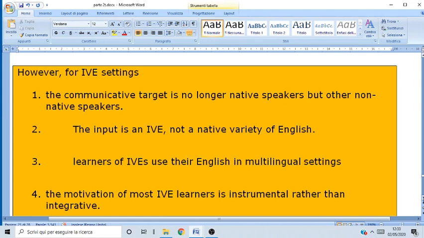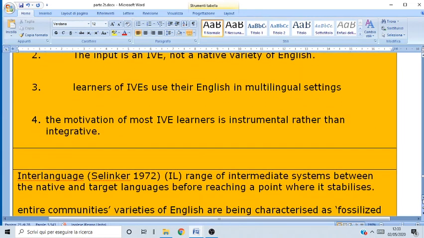Not interfere, but influence. Plus, and above all, the motivation of using English is instrumental, and it's not for integration. What does this mean? That they speak English because they have to speak with somebody who doesn't understand their local variety, their local dialect. So they don't want to become part of the inner circle.